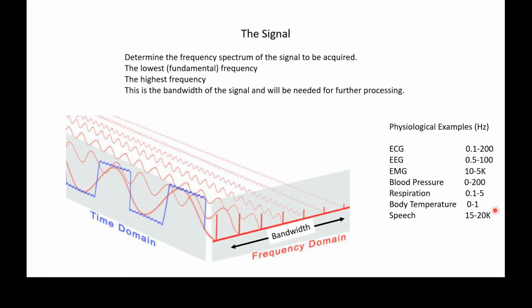And as we get older, we begin to lose these high frequency components, and we don't hear the high frequencies as well. So we determine the frequency spectrum in the frequency domain and look at the lowest fundamental frequency and the highest that makes any difference at all to the signal. And this is what we call the bandwidth of the signal. And we may need to know what that bandwidth is in case of further processing.